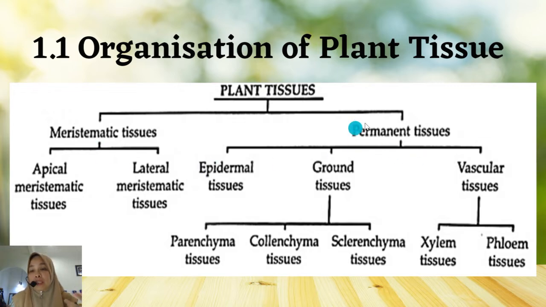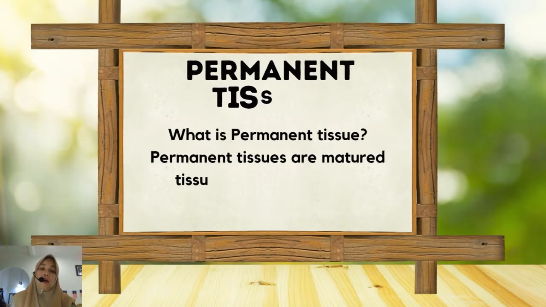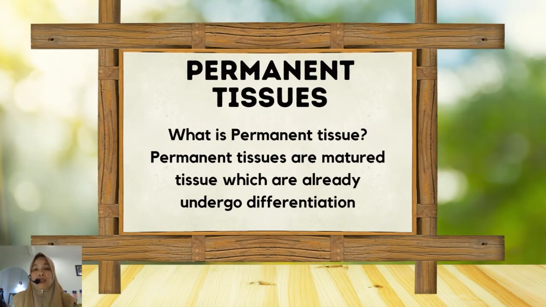Permanent tissue refers to mature tissue that has already undergone differentiation. Now we are going to learn one by one of the two main types of plant tissues.